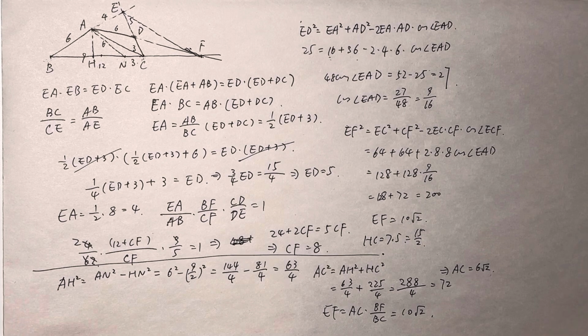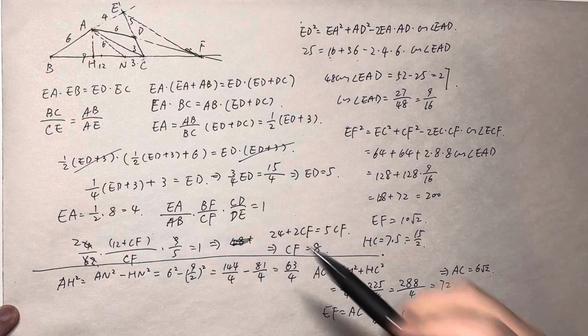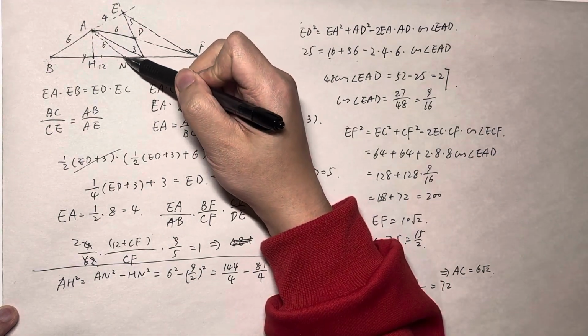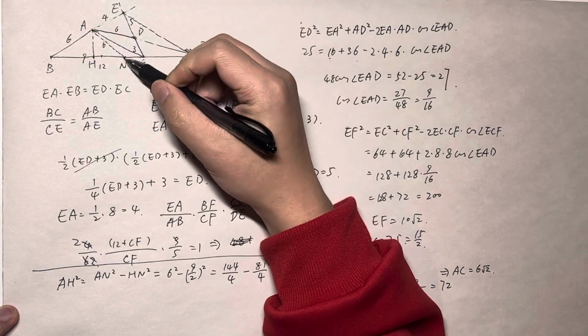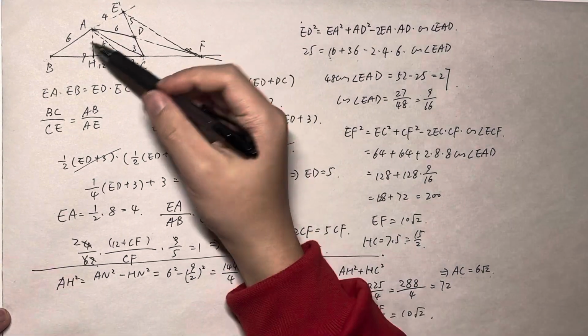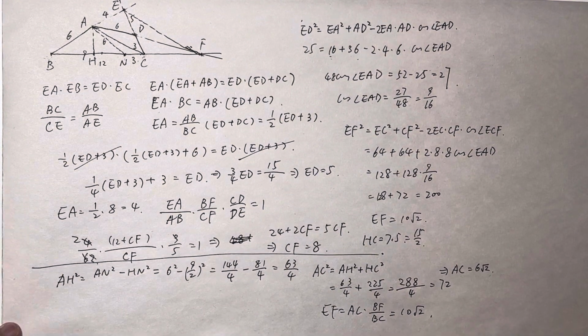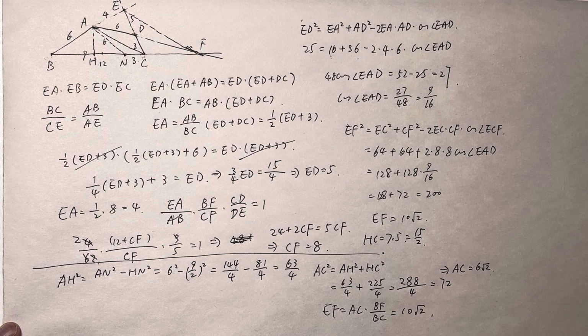I think this problem is pretty interesting, especially when I figured out this point. It's very useful because if you look at this figure and want to draw it just with ruler and compass, it's kind of difficult.